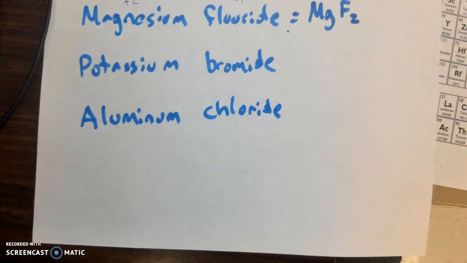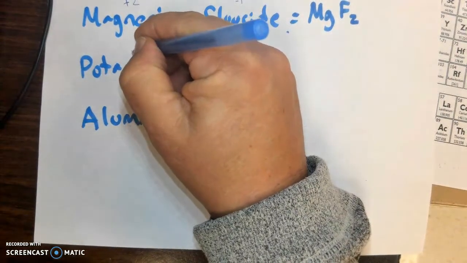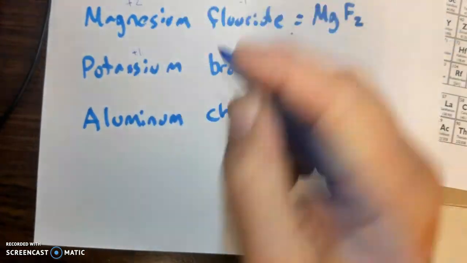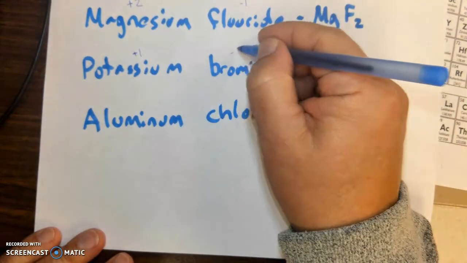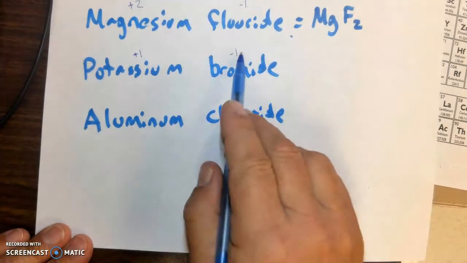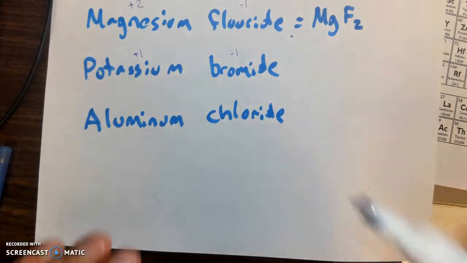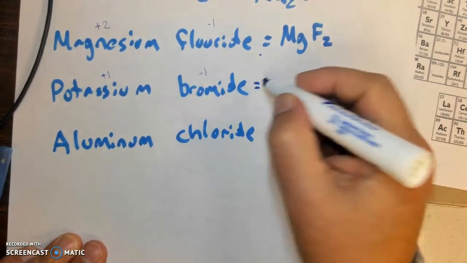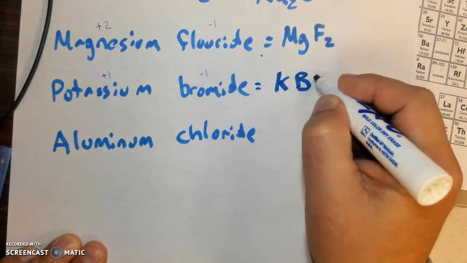Okay, potassium is in group 1. Bromine is in group 17, so it's going to be a -1. That subscript comes down here, that subscript comes down here, it balances out. You don't really need to write your ones out, so it should be KBr.